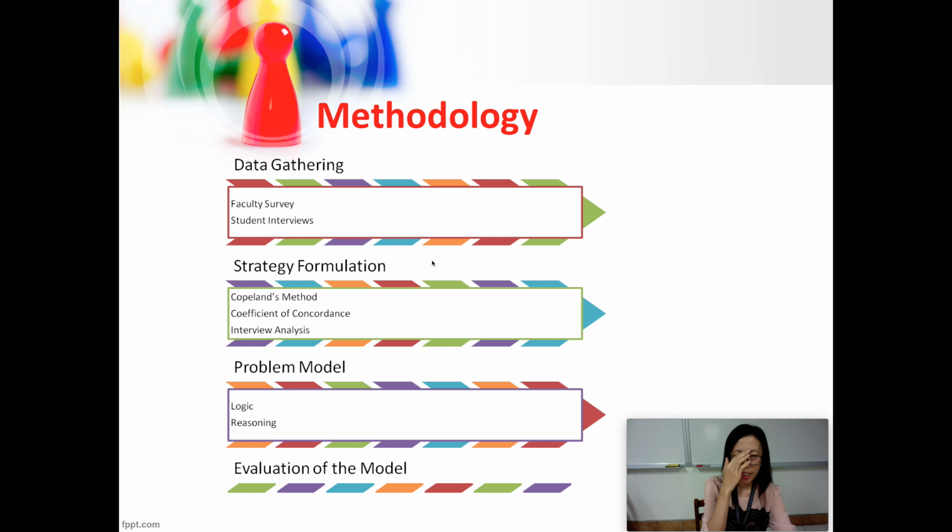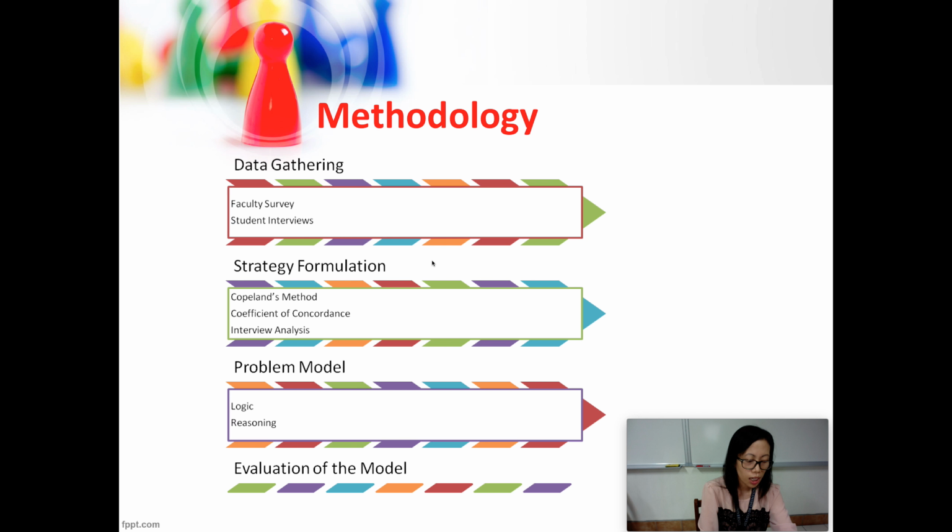Now, in the present study, we conducted a faculty survey. We conducted a survey among 17 faculty members of the Computer Science Department, the Information Technology Department, the Information Systems Department, and the Computer Engineering Department.